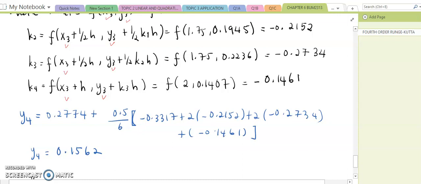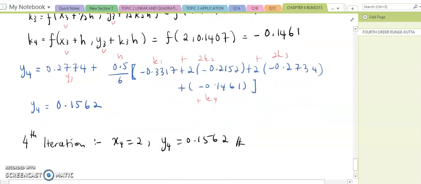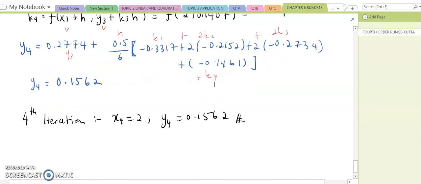So y4 is given by y3 plus h over 6, multiplied with k1 plus 2k2 plus 2k3 and plus with k4. And then just use your calculator. So y4 is 0.1562.